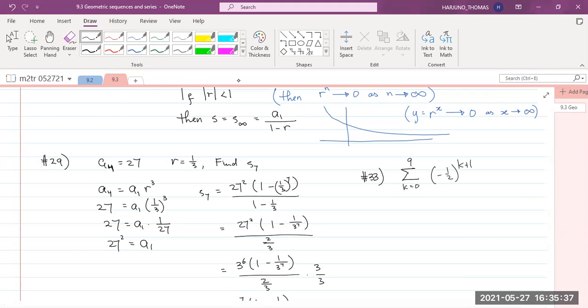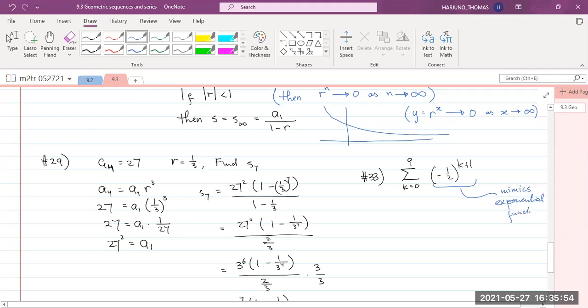Notice that it mimics an exponential function. Right? Okay, so the series must be a geometric series.